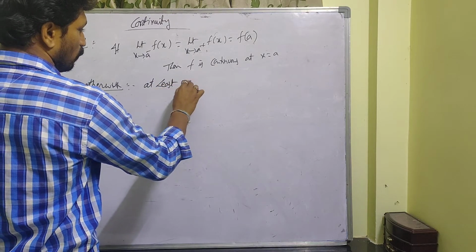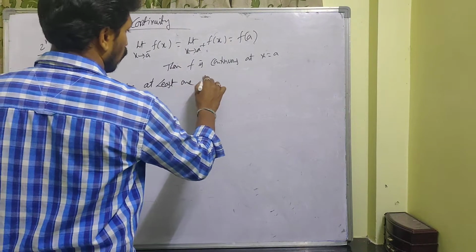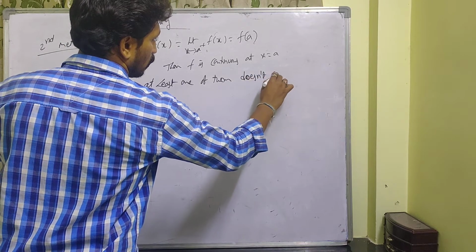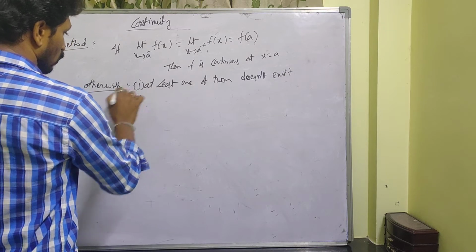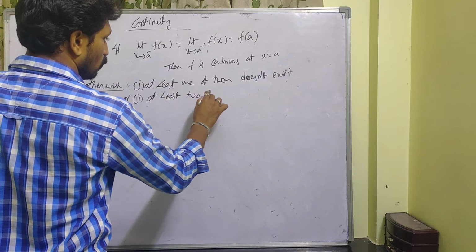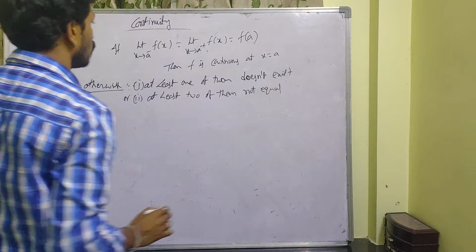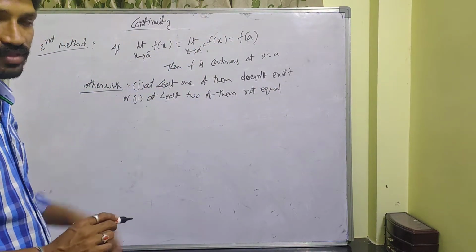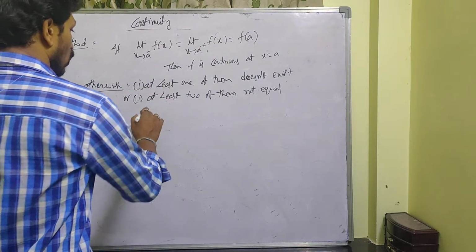At least one of them means 1 or 2 or all 3 does not exist. These are very, very important to say continuity. Or second one, at least 2 of them are not equal. That means these two are not equal, or these two are not equal, or all are not equal. Then it is not continuous.